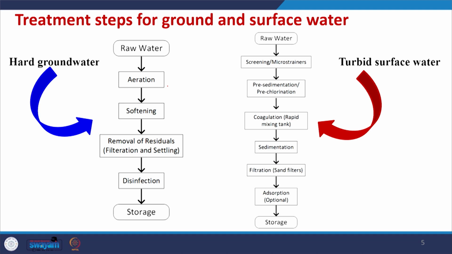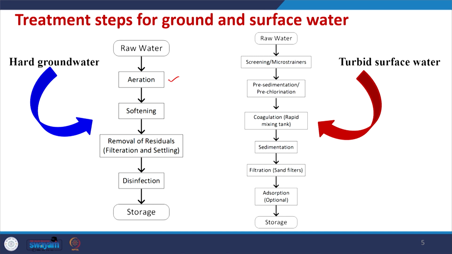Now, taking the case of groundwater, the raw water is first aerated. Aeration is done so as to remove any dissolved gases which may be present in the water. Then softening is done so as to reduce the hardness and further to take the level of the gases to a certain level which is as per the drinking standards.